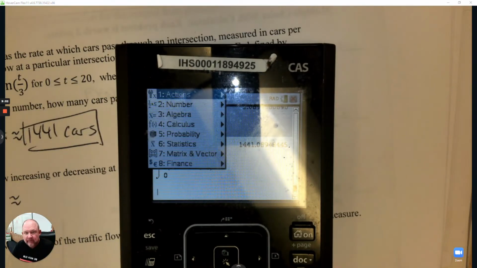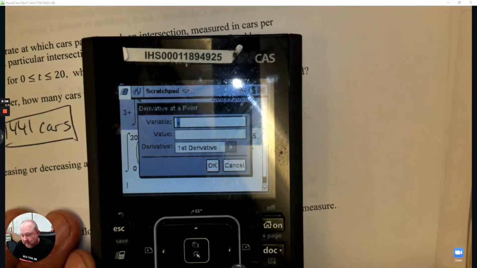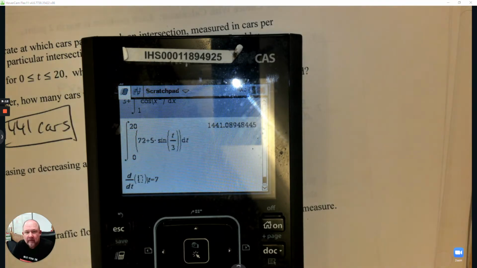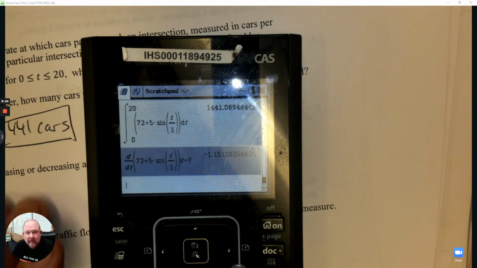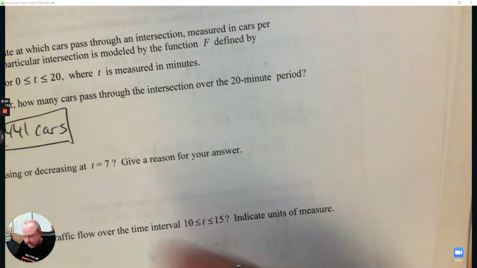So menu, calculus, derivative at a point. We can use t, and the value is at 7. And then I type it in, 72 plus 5 sine t over 3. And the rate is negative 1.151.